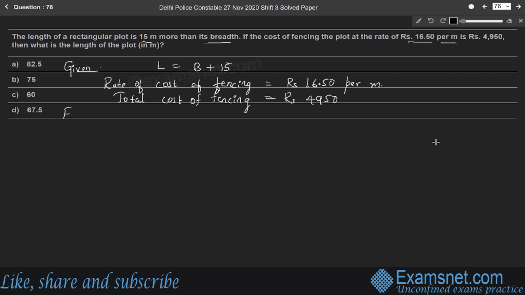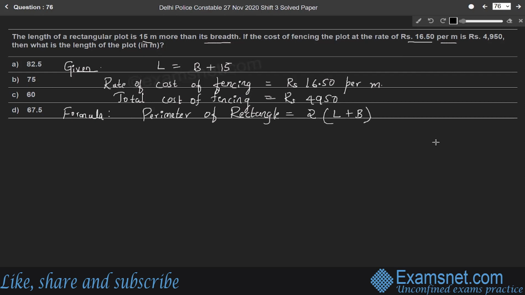So here we are using the formula: perimeter of rectangle is equal to 2 times the sum of its length and breadth, 2 times L plus B, right?